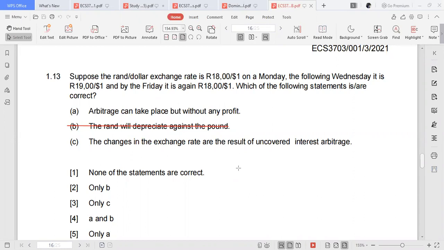So there was actually no real profit gain, depending on the traders, if they did move quickly. But C says the changes in the exchange rate are the result of an uncovered interest arbitrage. I'm not so sure about that. That one is a bit foggy for me.